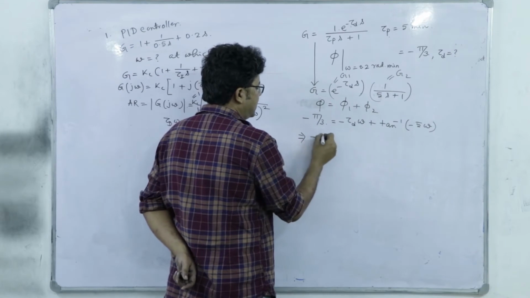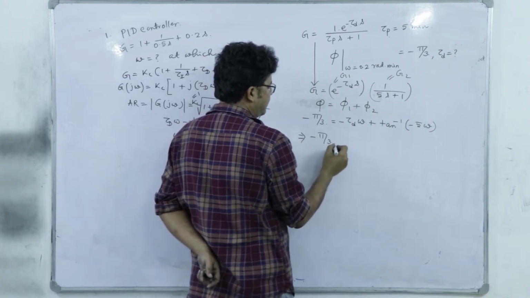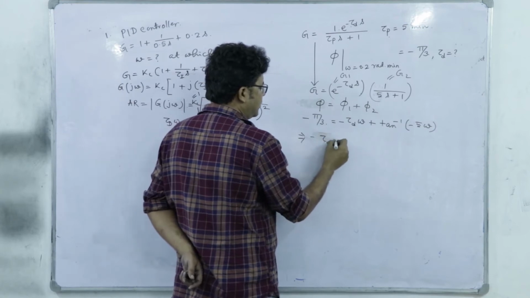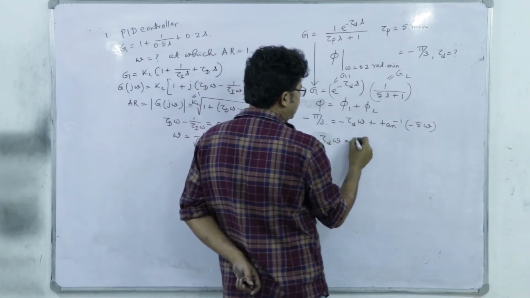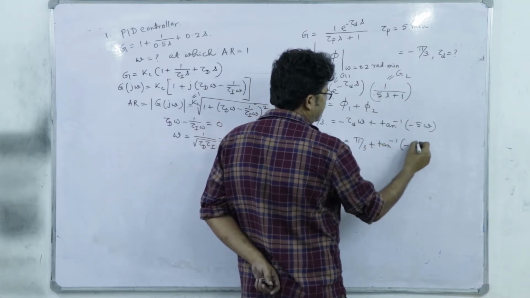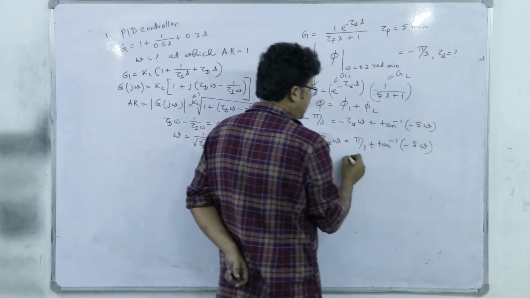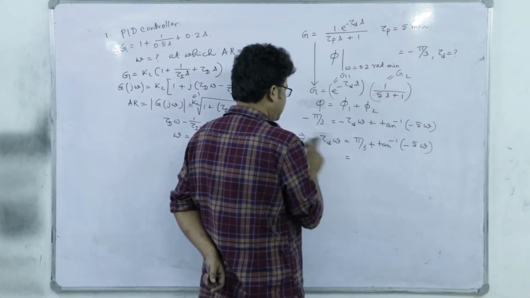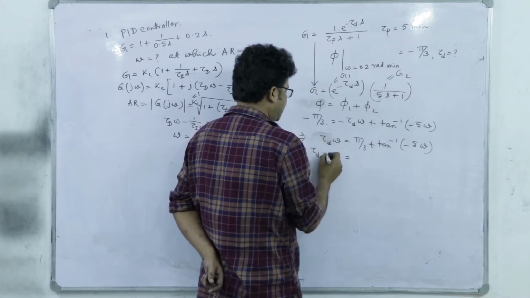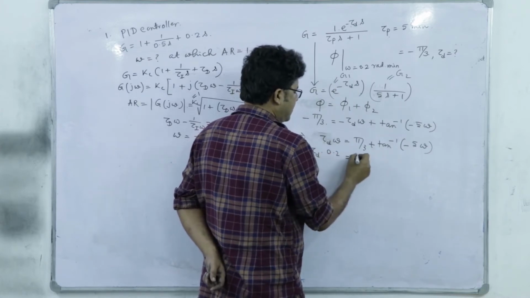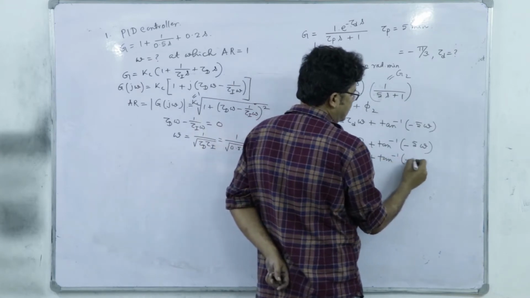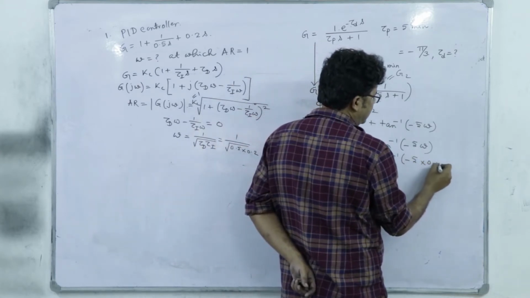So we can write that tau d omega is equal to pi by 3 plus tan inverse of minus 5 omega. So tau d into 0.2 is pi by 3 plus tan inverse of minus 5 into 0.2.